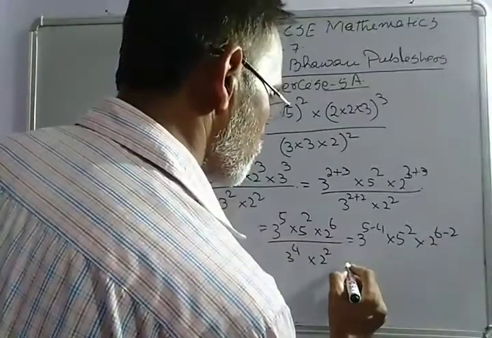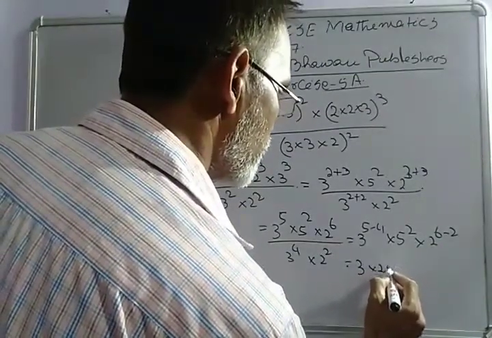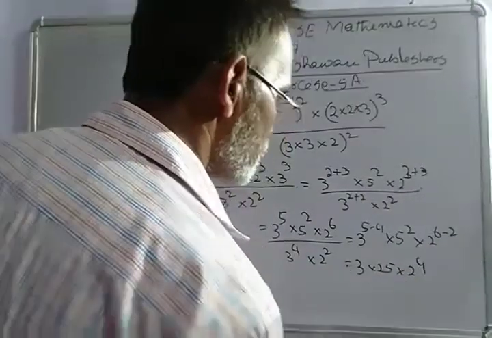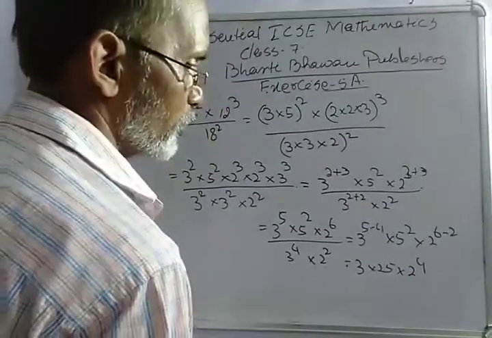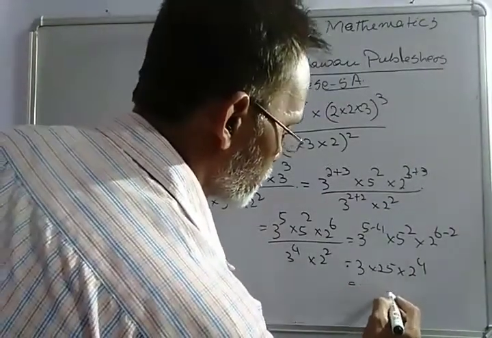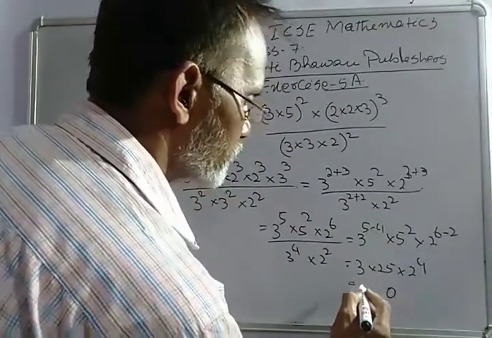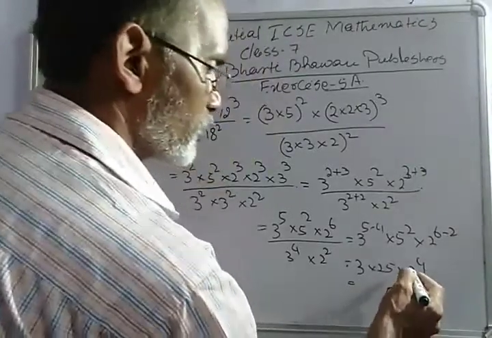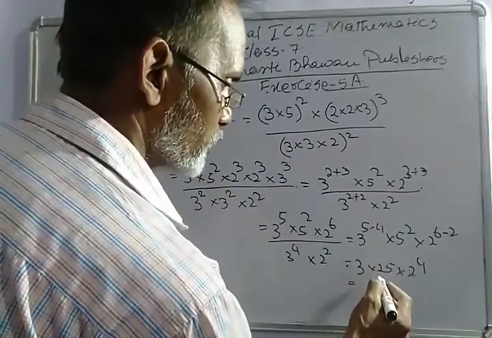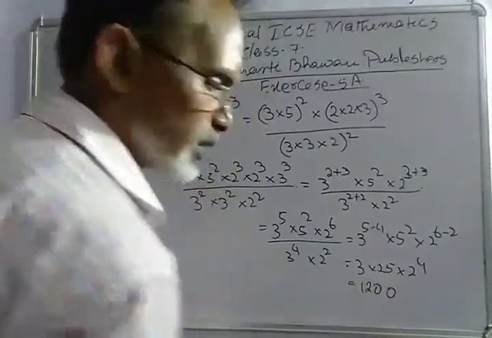So this is equal to 3 into 25 into 2 to the power 4. So this is equal to 1200.